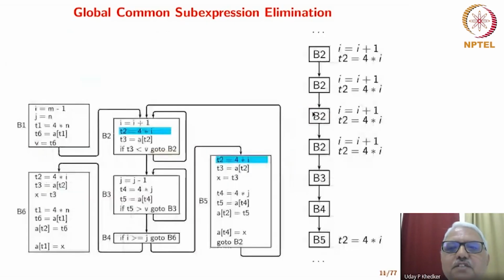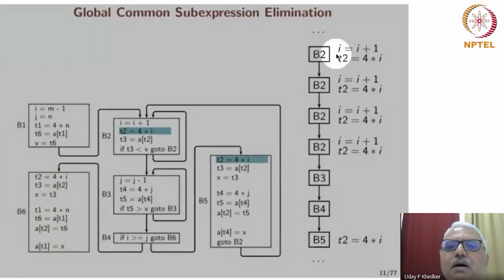Okay. More specifically, if we were to write down a possible path, B2 may be executed multiple times. So if you talk about this definition of I and this use of I, indeed I is changing in between. So we cannot be talking about this occurrence of 4 star I and this occurrence of 4 star I. We must talk about the last occurrence of 4 star I. There are multiple occurrences.